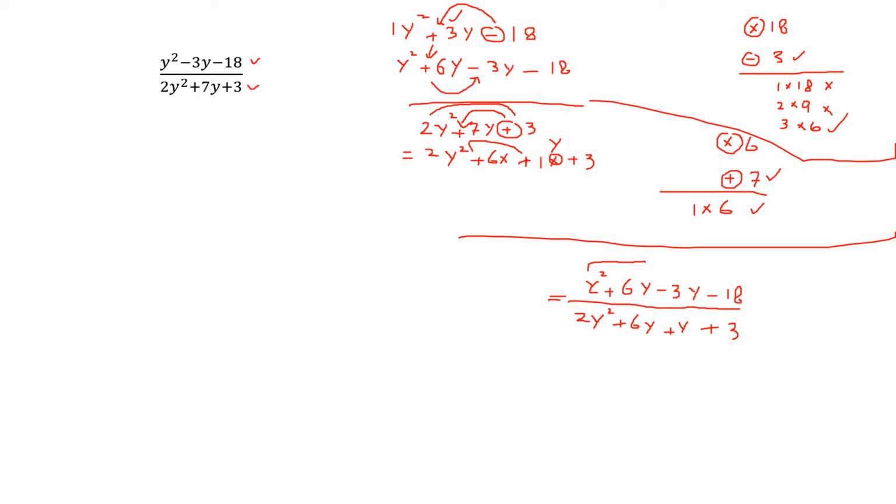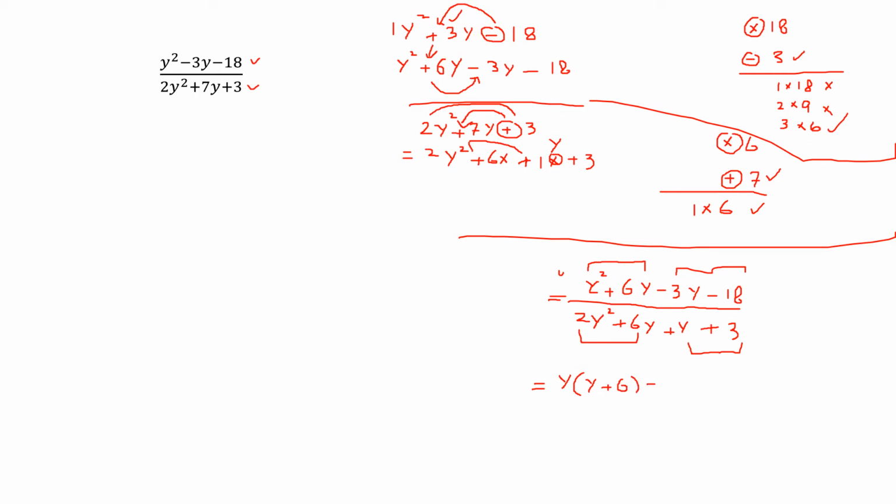Now factor out something common from these two, then these two, similarly from them. So if you see the first two here, they are divisible by y. If we divide them by y, we will be left with y in the first term, and in the second term 6 will be left, y will be cancelled out.